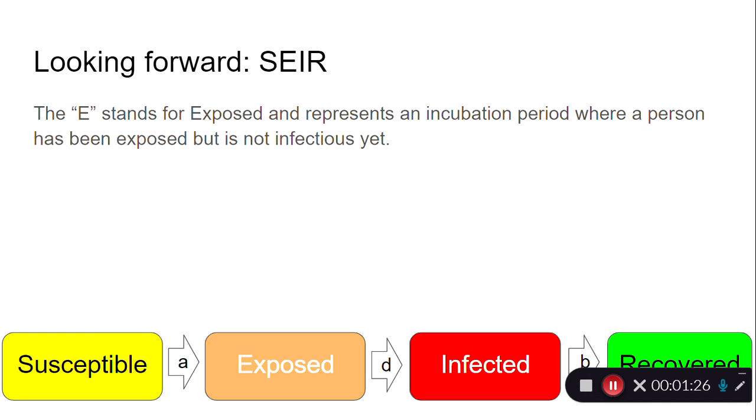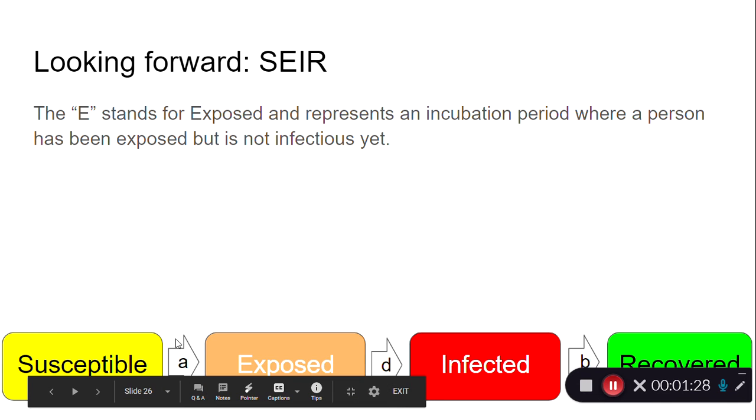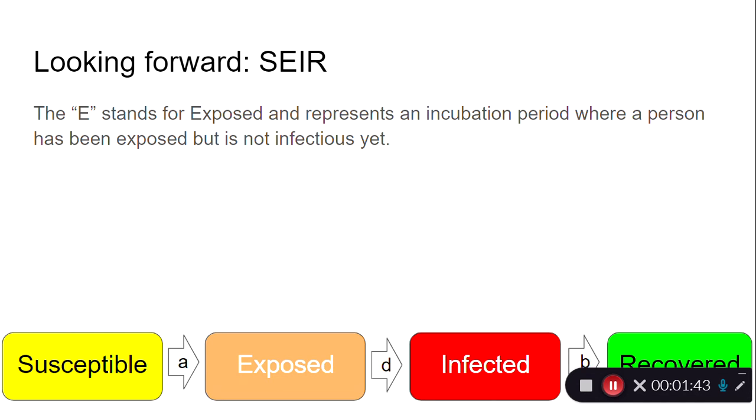So now we have four compartments: susceptible, and then a rate at which you become exposed, and a rate at which the exposed become infected, and then a rate at which the infected become recovered. And we'll see a couple more sophisticated versions of this in this little video.